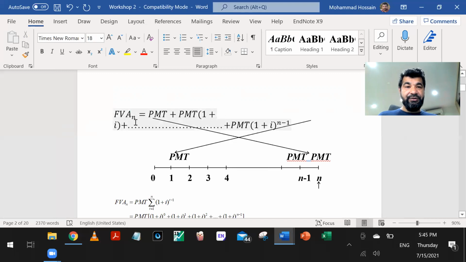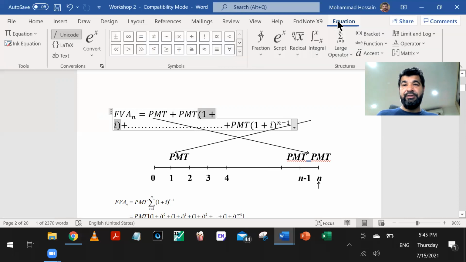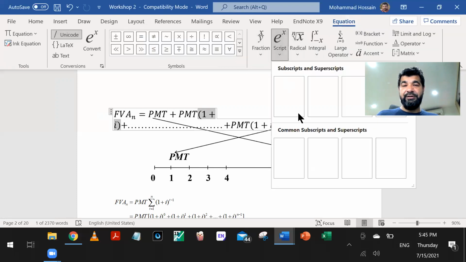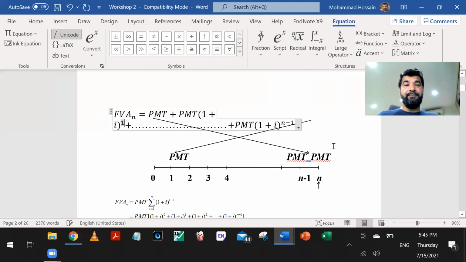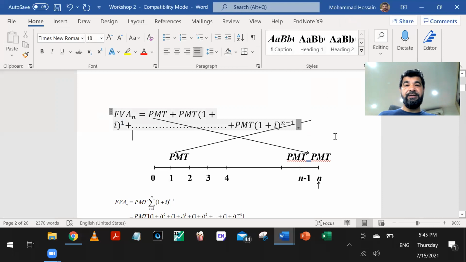When you go for this to the power 1, for example, this one has a power of 1 on top.